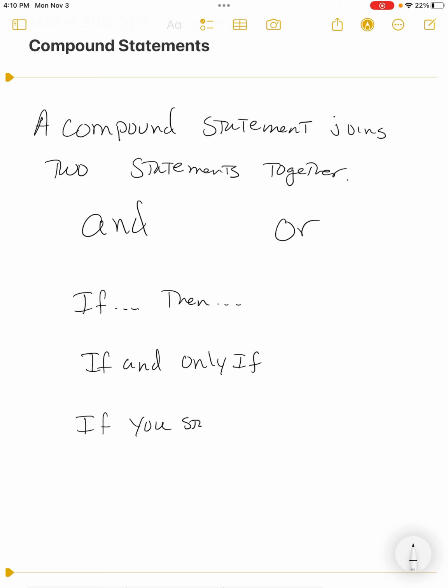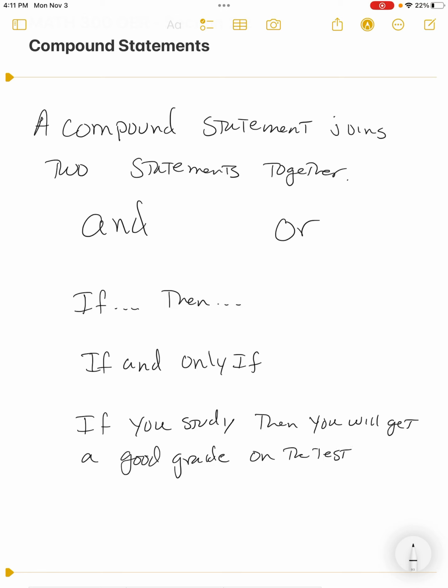So I could say this: if you study, then you will get a good grade on the test. Right? So what that implies is if you put in study, then you'll get a good grade on the test. But it doesn't mean that somebody that got a good grade on the test studied.